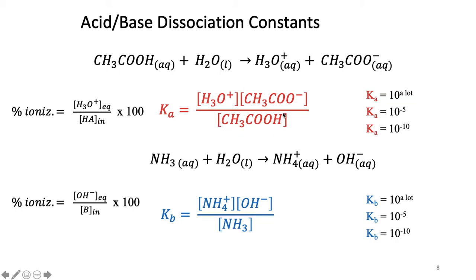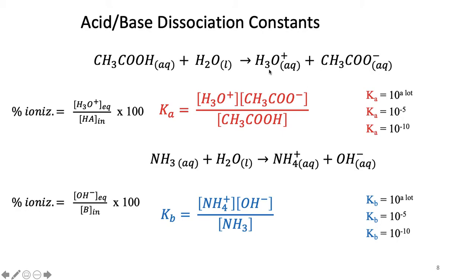Notice that the water doesn't appear because it's a liquid. This is how you write dissociation constant expressions for acids, and then we'll get to the base in a little bit. But you have molar concentrations of your products divided by the molar concentration of your reactants.